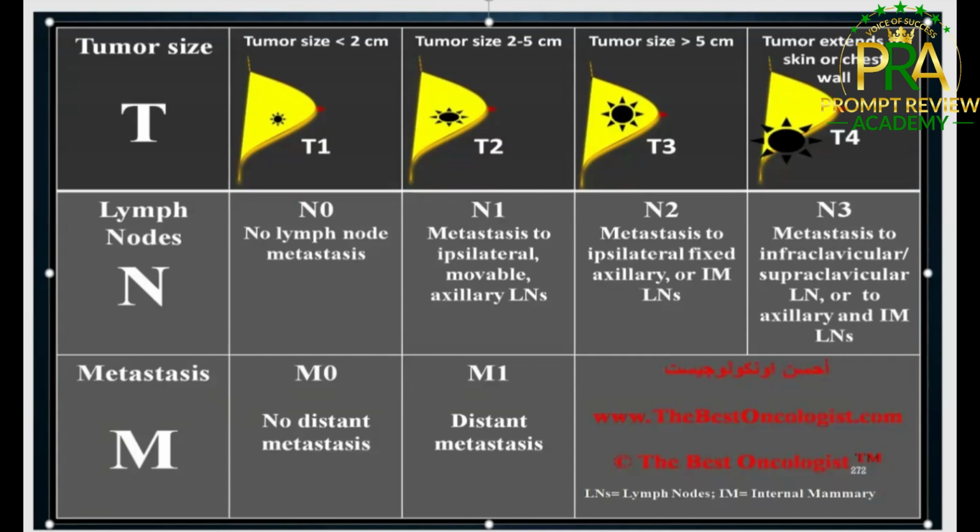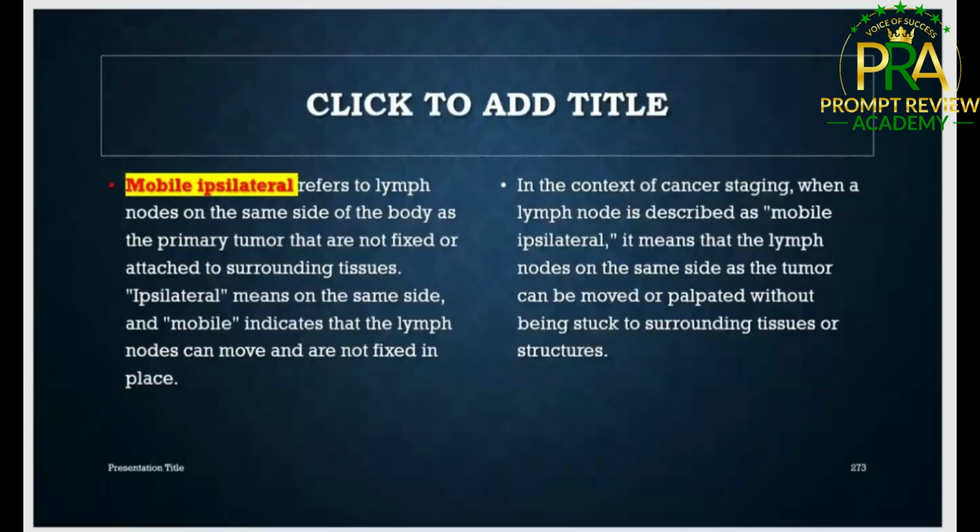For example, somebody may have breast cancer, and sometimes they start seeing it maybe in the spine, in the bone. If it has not metastasized, then that is M0. But if it has metastasized to other areas, that is M1.